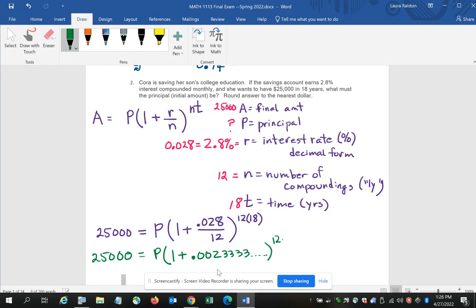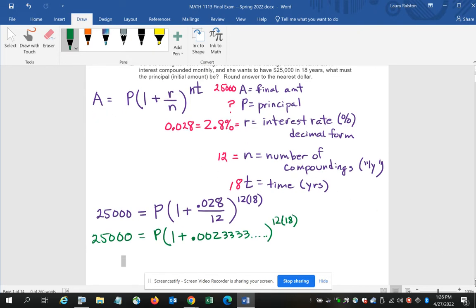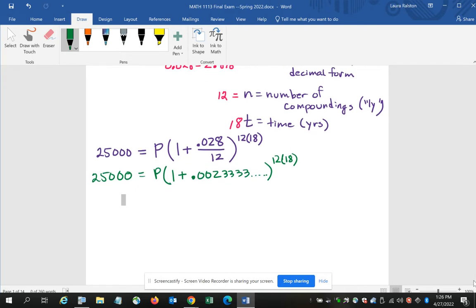Then I'm going to add 1, again continuing to work inside the parentheses. I would have 25,000 equals P times 1.00233333 raised to the 12 times 18 power.